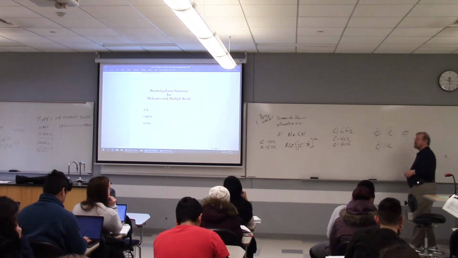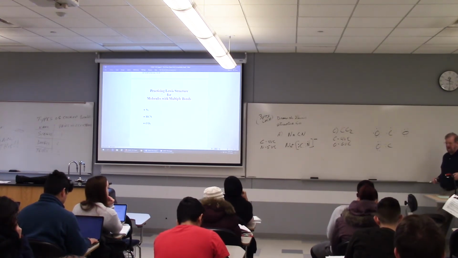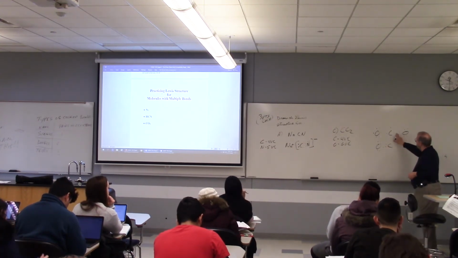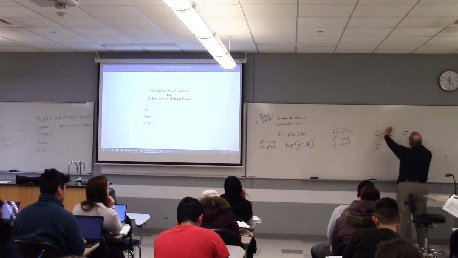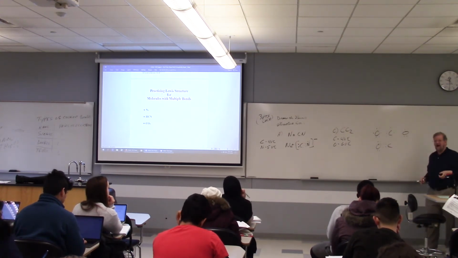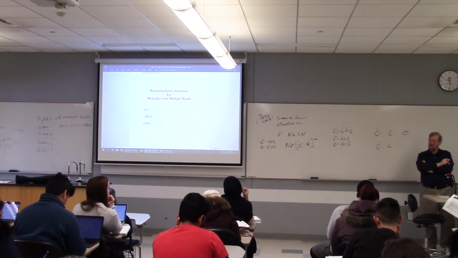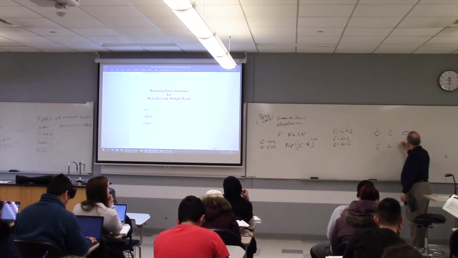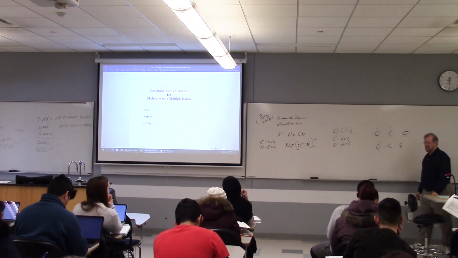And form 2 pairs of electrons, a double bond. This carbon still has 2 unpaired electrons, looks at that other oxygen and says, hey, I have 2 unpaired electrons, you do, let's share, and they do. And they form a double bond.